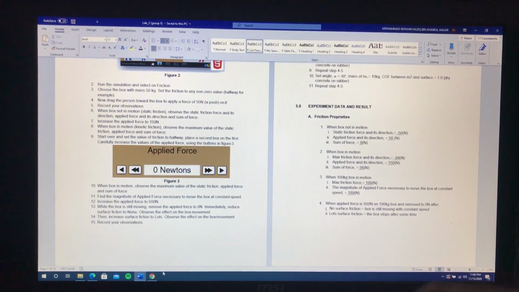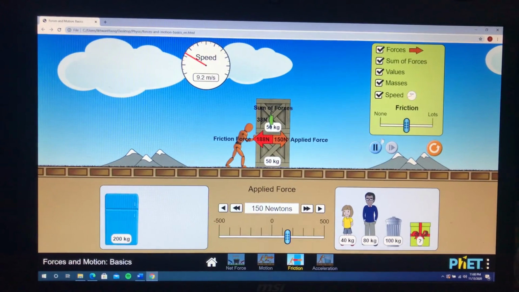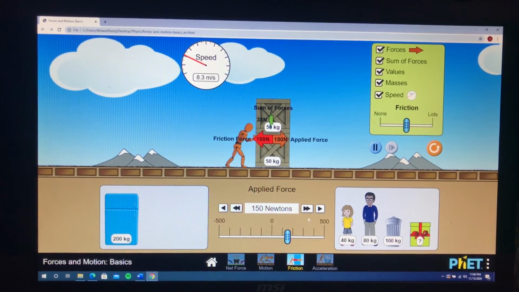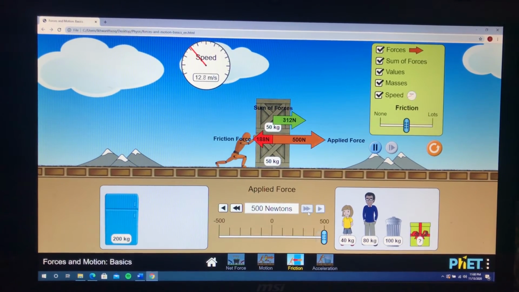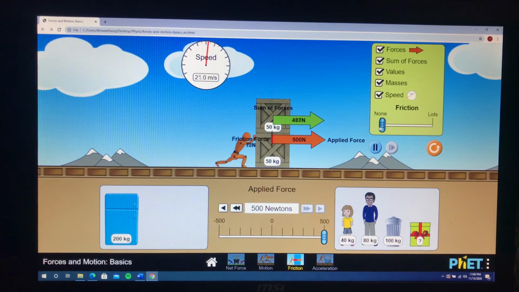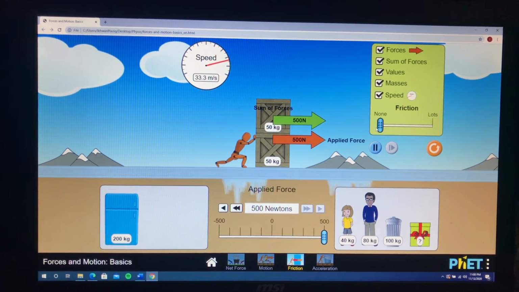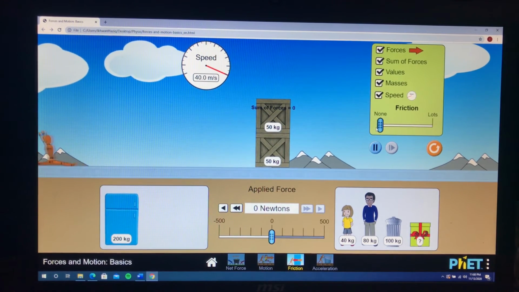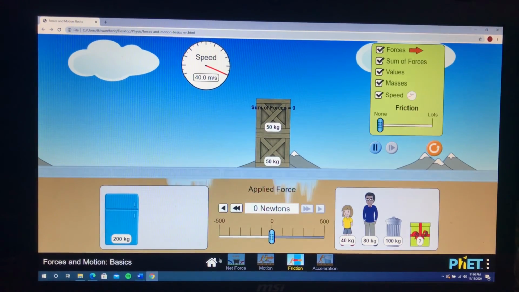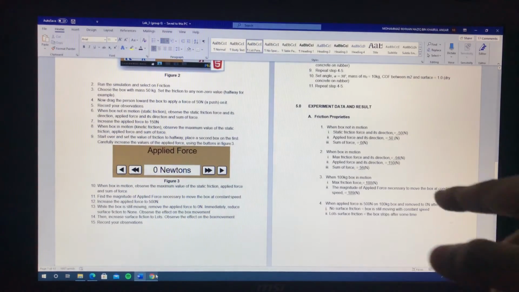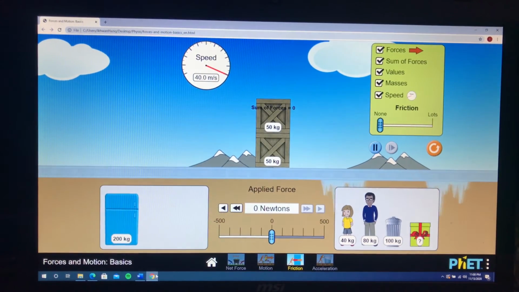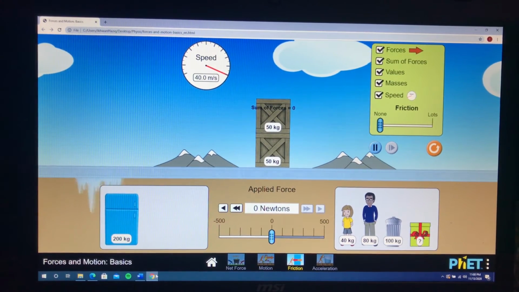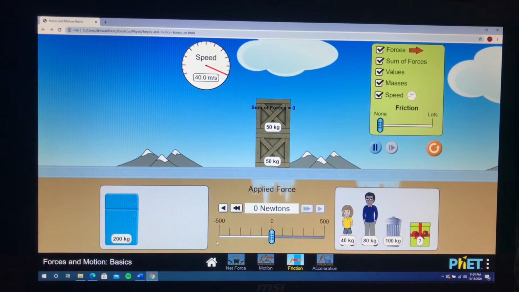And for the no-friction surface, we apply the 500 Newton, as you can see here. See, the box is still constant, meaning the box is still moving with constant speed. Until when, we don't know, because the speed is still the same.